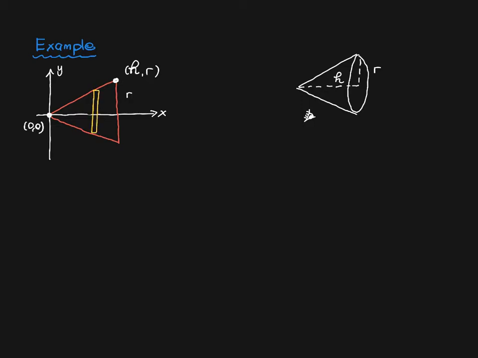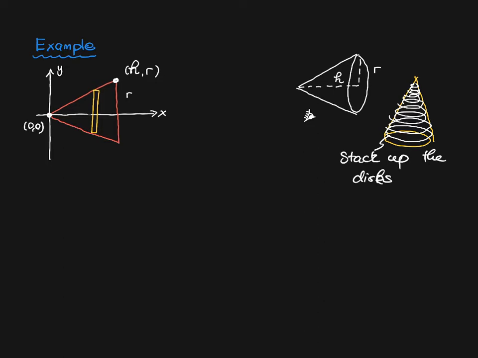So we've got this disc here, and you see that to build up the cone, we can stack the discs of different radius, starting from the bottom like this, and we stack the discs up to the end to build up the cone. So this is the idea of calculus. We build the big thing from very, very small objects.